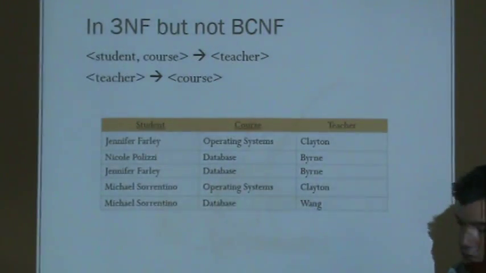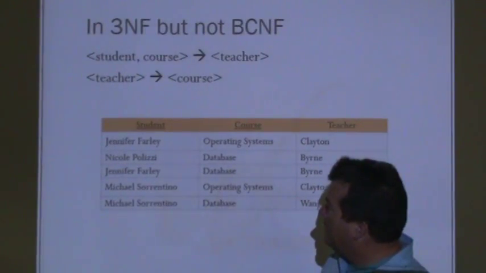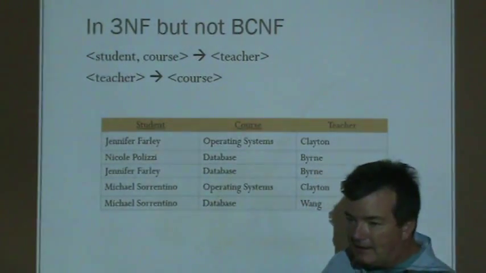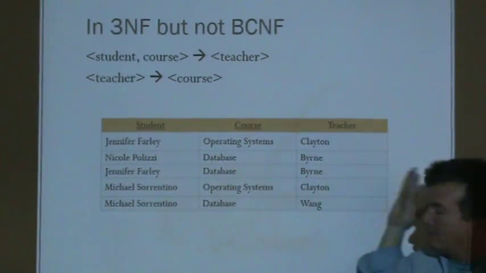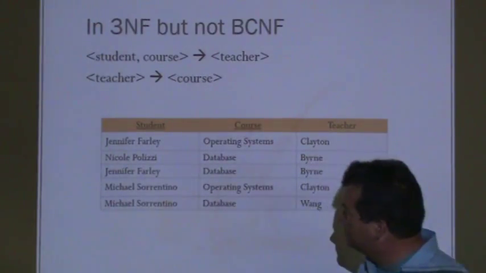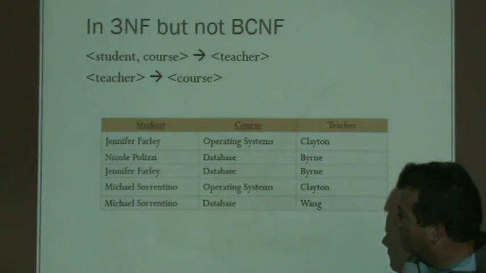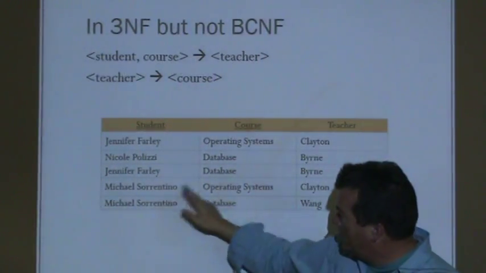So this is in third normal form because we could say the candidate key would be these two columns. These two columns can tell you the value of every other column in the table. We're in second normal form because there's no field that is functionally dependent on one of these.